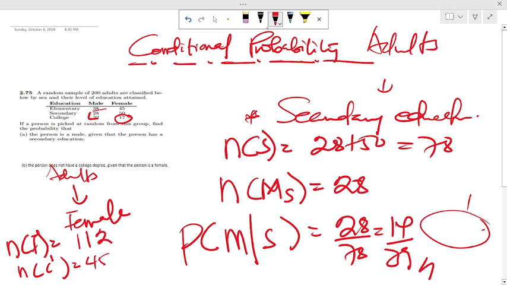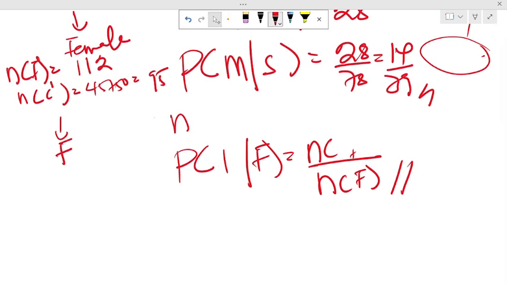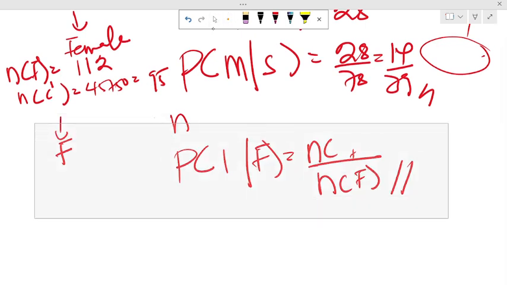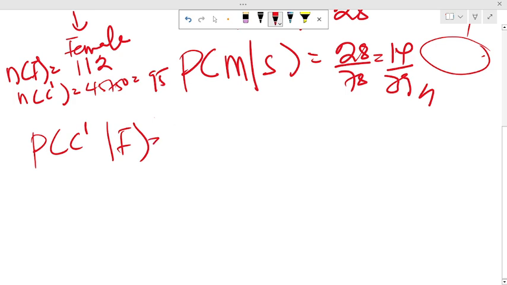So that will be 45 plus 50, which is what? 95. So the probability of not having a college degree given that the person is a female will be 95 divided by what? 112.